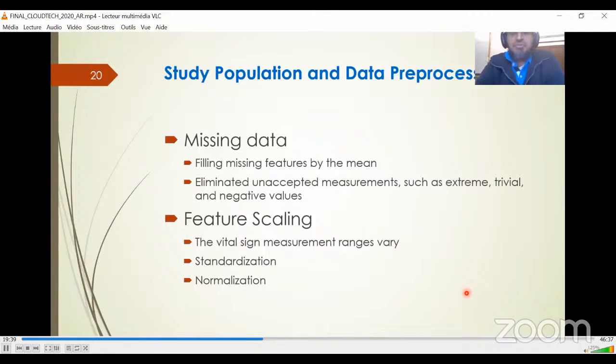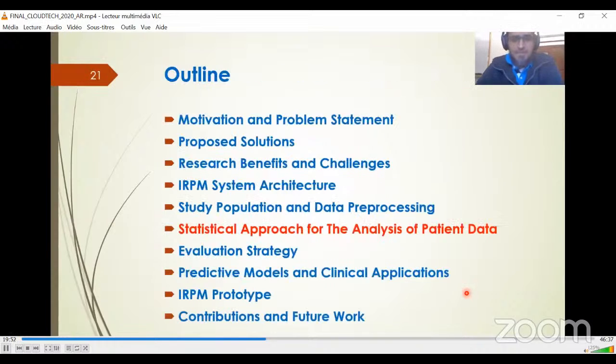So we need to have a scale because some machine learning algorithms are very sensitive when the distance between the points matters. It is standardization and normalization.